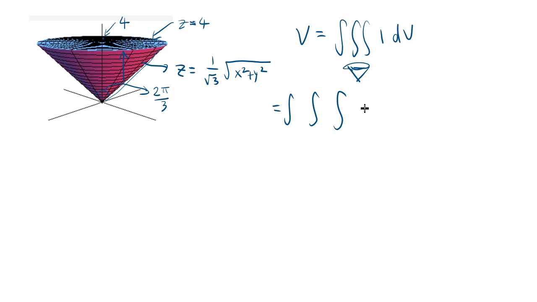So it's going to be 1 dz, and then let's put dy dx. This is the order that I like the best. So it's dz dy dx, where the bottom one is z equals 1 over square root of 3 times square root of x squared plus y squared. And you don't need this, so you just put this one here, okay? And then over here, z is equal to 4, so you put 4 there.